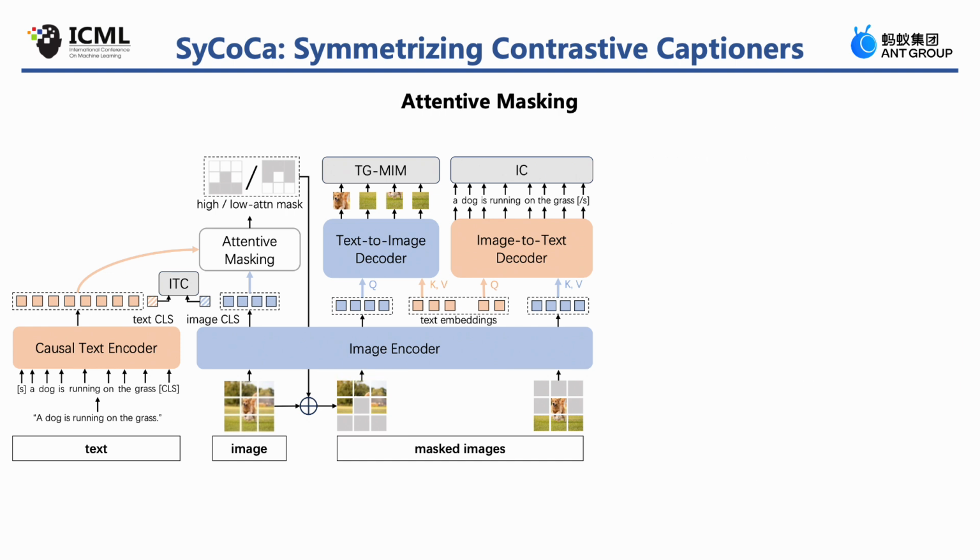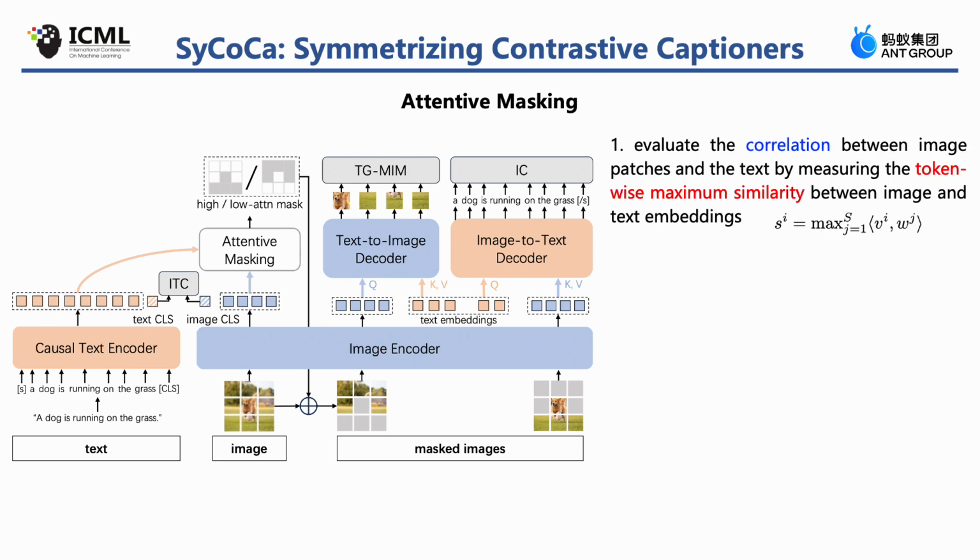We propose an attentive masking strategy to select the appropriate image patches for IC and TGMIM respectively, and to promote the bidirectional local interactions. Specifically, we first use the token-wise maximum similarity between the image and the text embeddings to evaluate the correlation between the image patches and the text words.